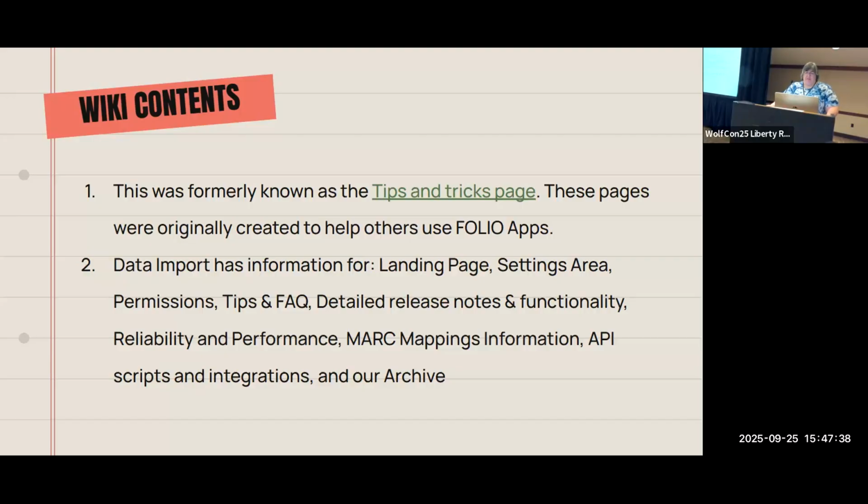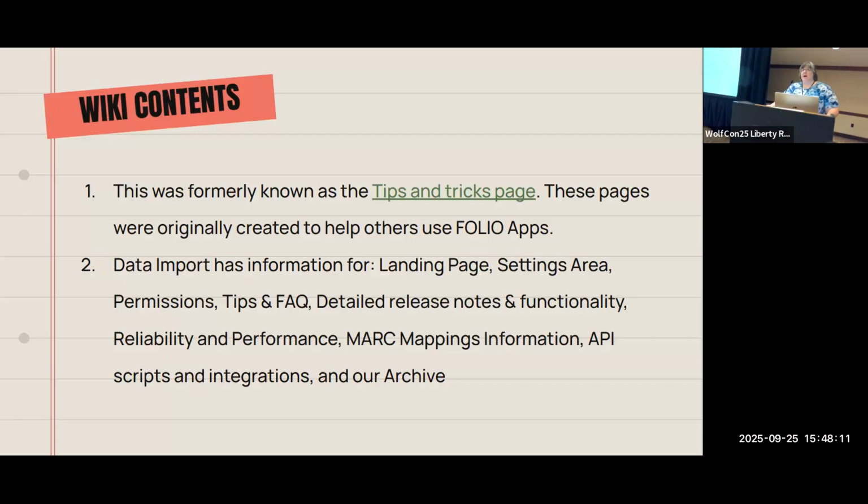So with data import, we created very early on a wiki page, and it actually was created with metadata management. It used to be called the tips and tricks pages. Now, if you've been in FOLIO long enough, you know that Laura Daniels, I think, and a couple other people started this because we had nowhere else to really document how to do things. And I think at that point, FOLIO Docs was either in the works or hadn't quite started yet.